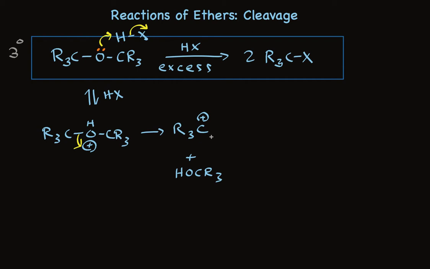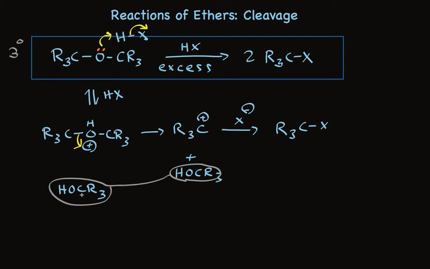And then we know that these tertiary carbocations are real reactive with nucleophiles. So it's no surprise to us that in the presence of that halide we made, the carbocation makes an alkyl halide. But wait, once again, we've just made a product in this reaction that is also reactive with HX. Let me rewrite the product alcohol we just made right here. And as we just said with the primary alcohol, this tertiary alcohol is protonated, as you see above, in an equilibrium reaction, we again make a good leaving group, water.